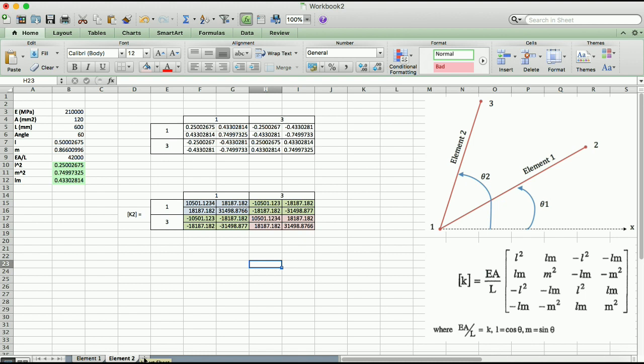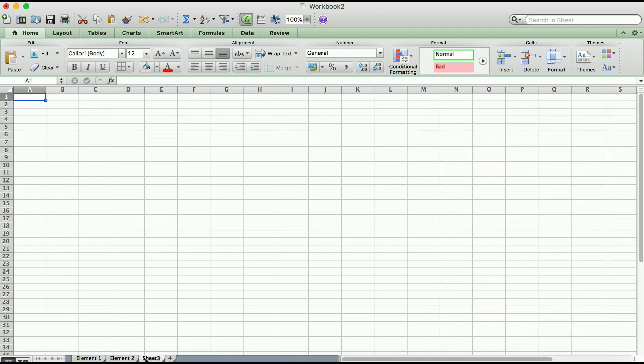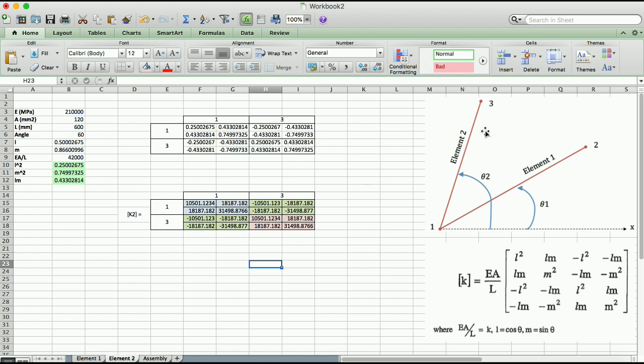So I create a new page, I call it assembly. Well, for the assembly we need a matrix of 6 by 6 because we have three nodes or joints in this structure, and each joint has 2 degrees of freedom, so 3 by 2 is going to be 6, a 6 by 6 matrix.